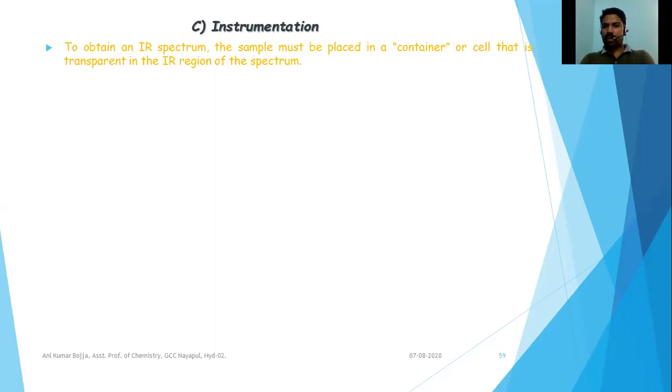If it absorbs, we won't get the exact spectrum of the compound, as it would include the absorption values of that plate or tube also. So the parts of the equipment are manufactured in such a way that they do not absorb radiation in the infrared region.